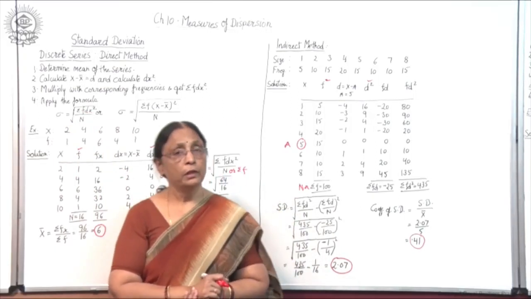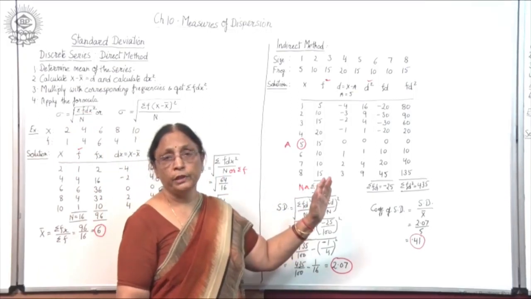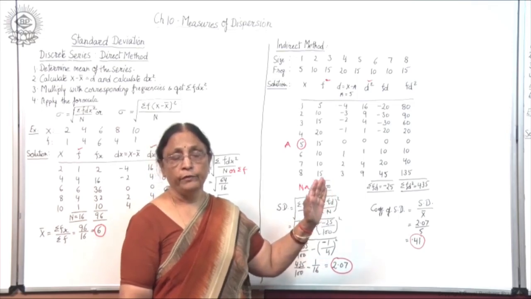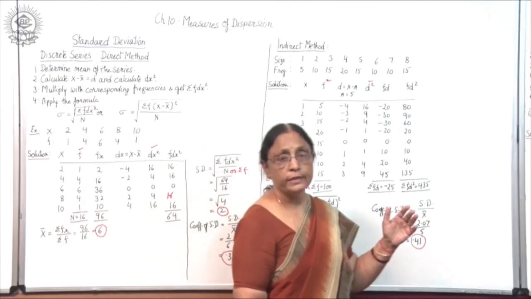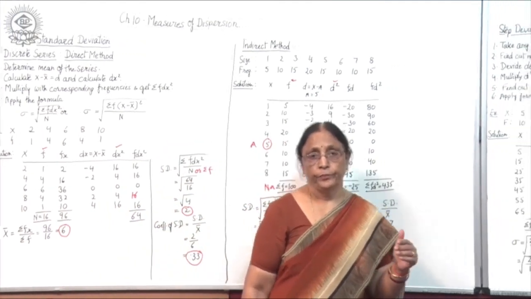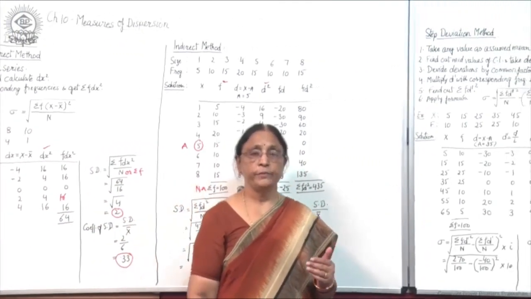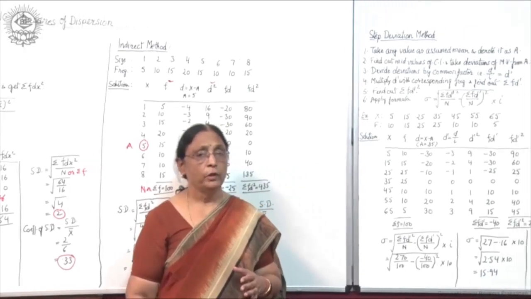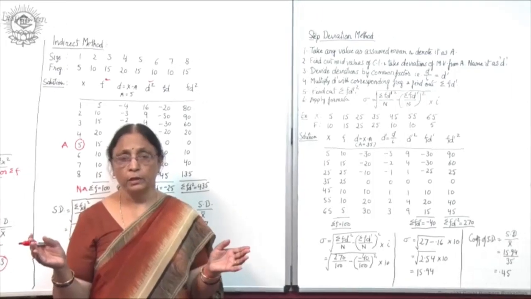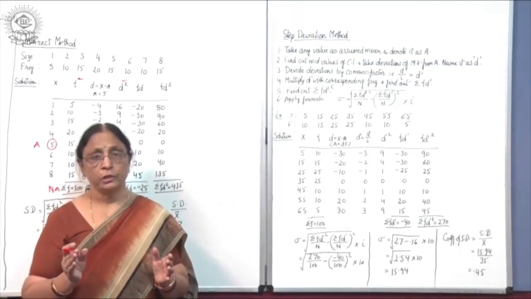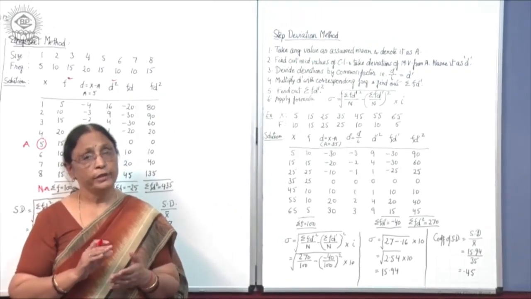So this way two methods you have done, and we are left with the third one. This is known as step deviation method. As I have told you earlier also, step deviation method is very suitable when the figures are very large, because if the figures are big, you need large calculations and there may be chances of errors also.